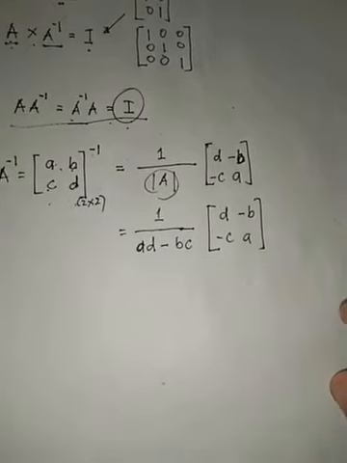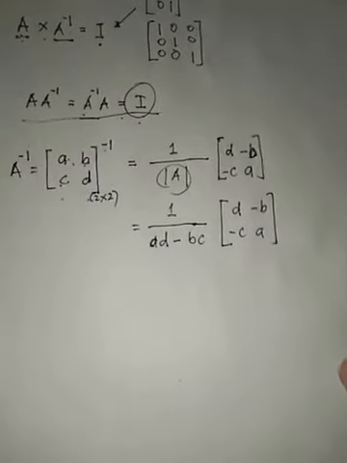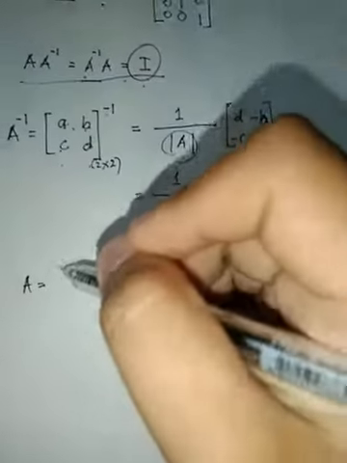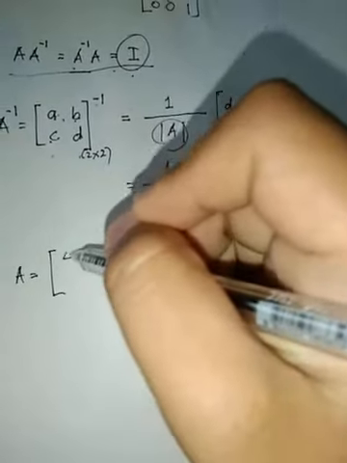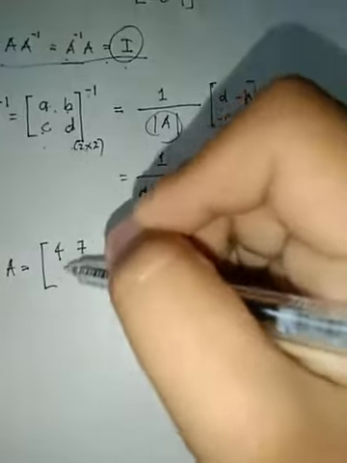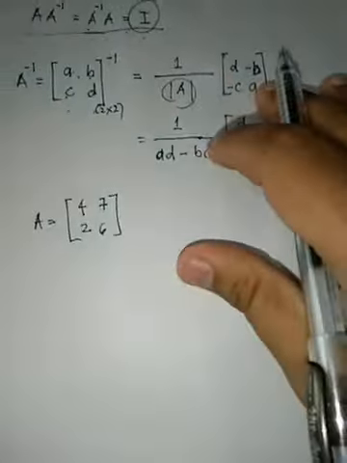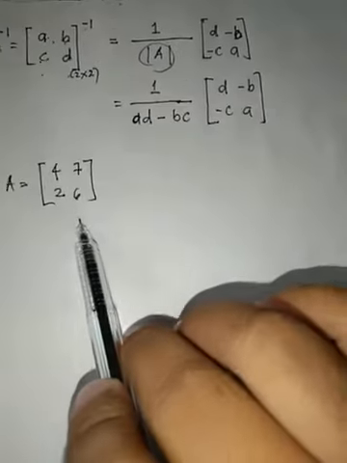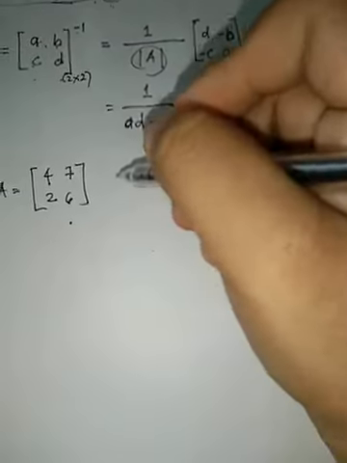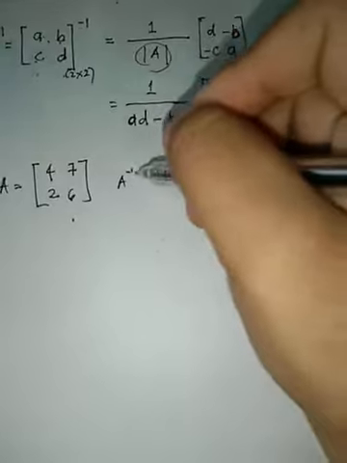So let's try an example. Let's say A is equal to 4, 7, 2, 6. So how are we able to get the inverse matrix nito?